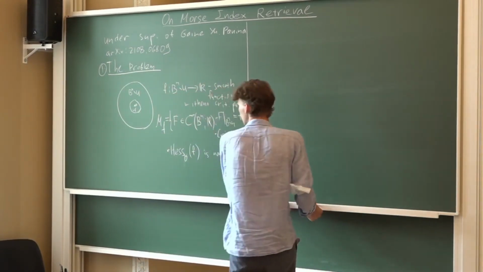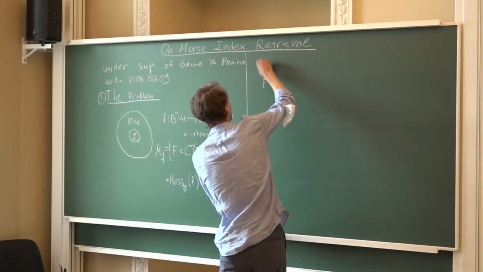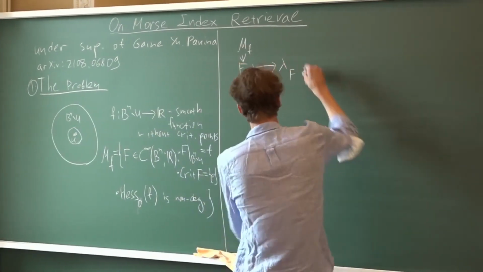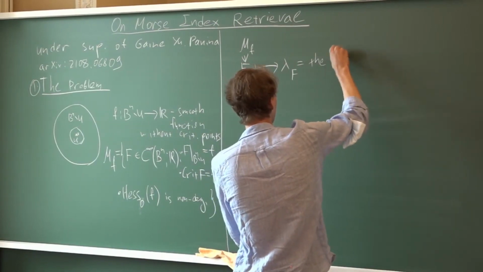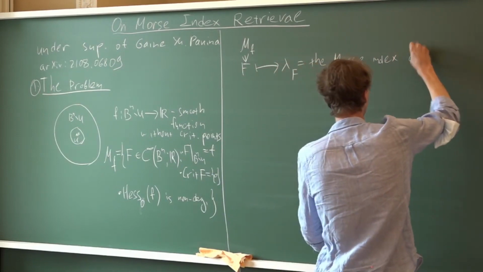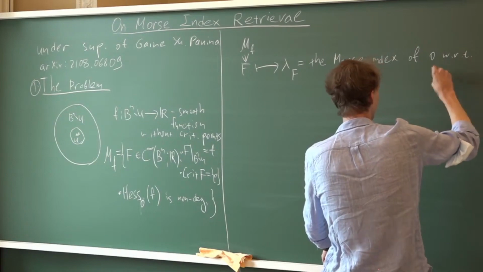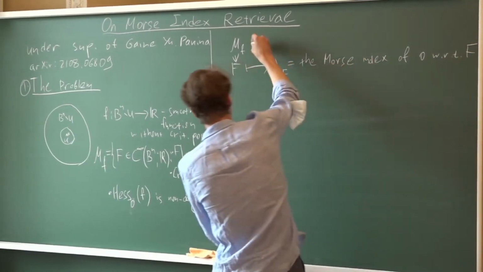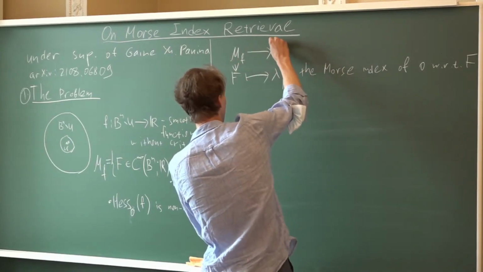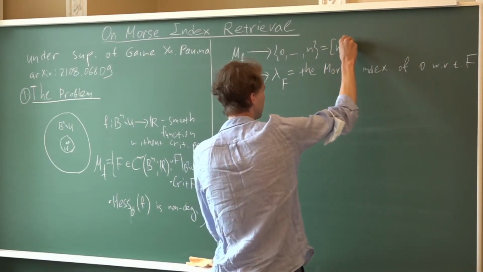To each such function there corresponds a number, lambda f, the Morse index of the origin with respect to the function f. So it's a function from the space of all the extensions to numbers from 0 to n, which I will abbreviate like this.